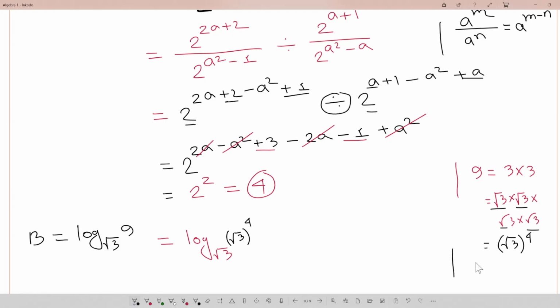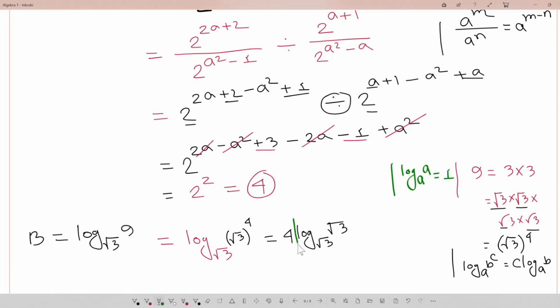We also know a rule of logarithm, which is log base a of b to the power c. This c becomes the front, so c times log base a of b. Same thing, this 4 becomes here, and here is log base root 3 of root 3. We also know another rule, log base a of a becomes 1.